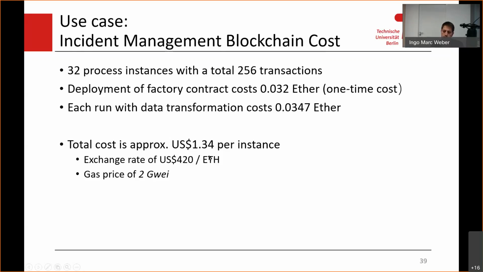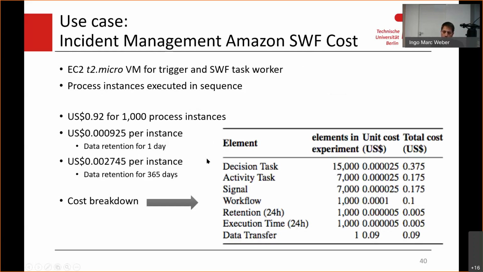Each instance cost us $1.34 US. Now the cost for Amazon Web Services was a little bit lower, so we paid less than $1 for 1,000 process instances.